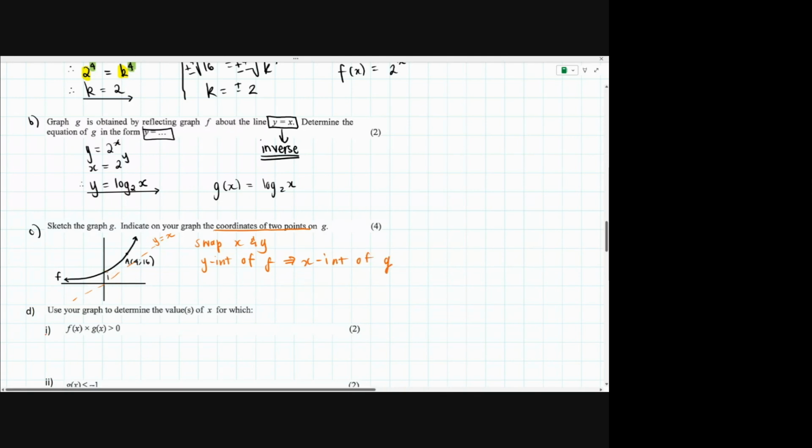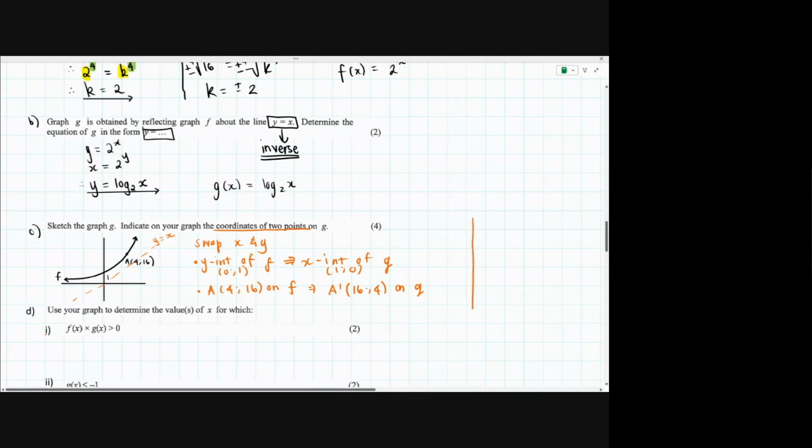So this point at 0, 1 now becomes the x-intercept 1, 0, as well as the fact that the coordinate of A, which was at 4, 16 on f, now becomes the coordinate A prime, because remember it's a transformation, of 16, 4 on g. And so those are 2 coordinates I can now plot for my inverse function.